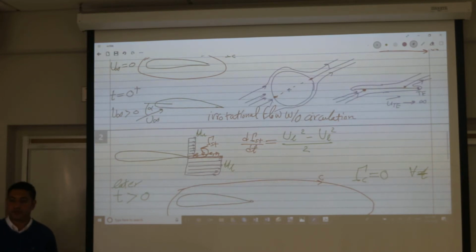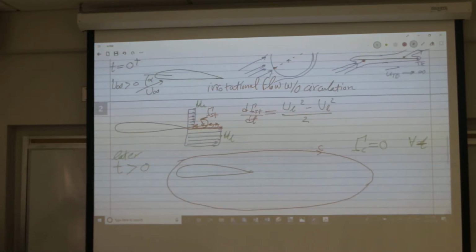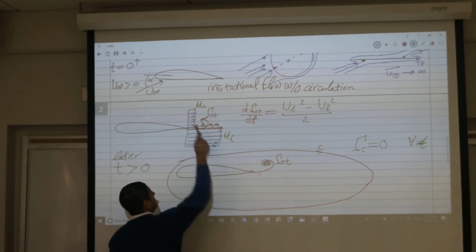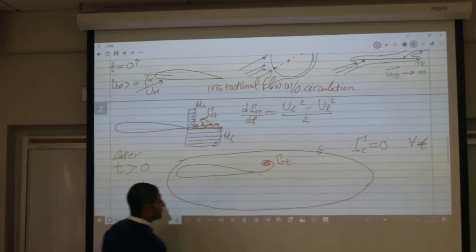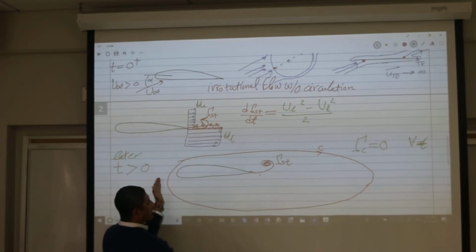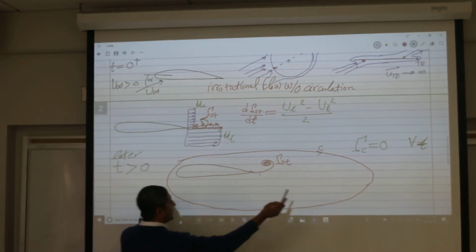The law of conservation of circulation, as long as you have the same fluid particles. So this vortex, the starting vortex, which is generated here due to the discontinuity of velocity, and I know that within this fluid bound I have zero total gamma.